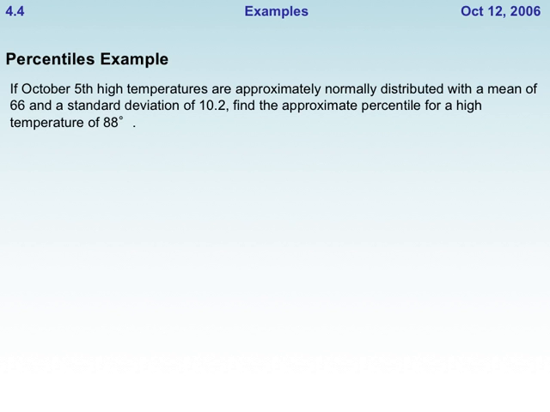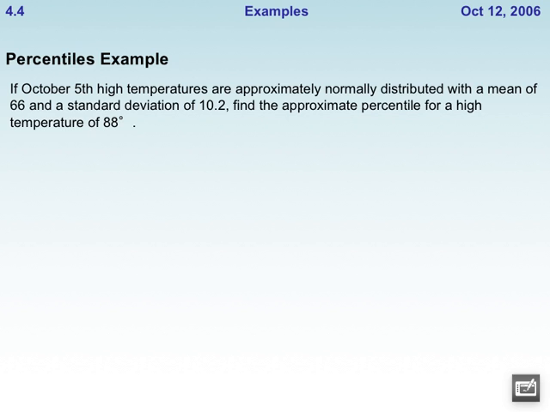Okay. We're going to go back to those temperatures in October. If October 5th high temperatures are approximately normally distributed with a mean of 66 and a standard deviation of 10.2, find the approximate percentile for a high temperature of 88 degrees.